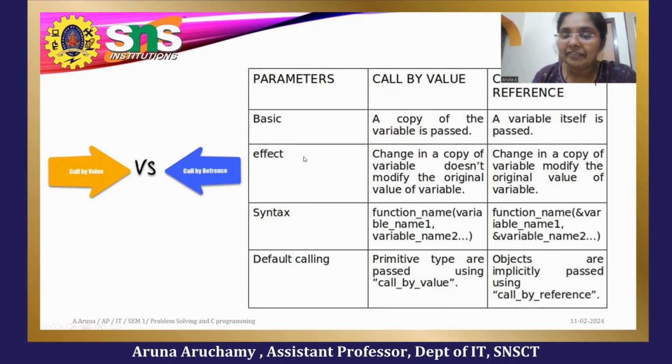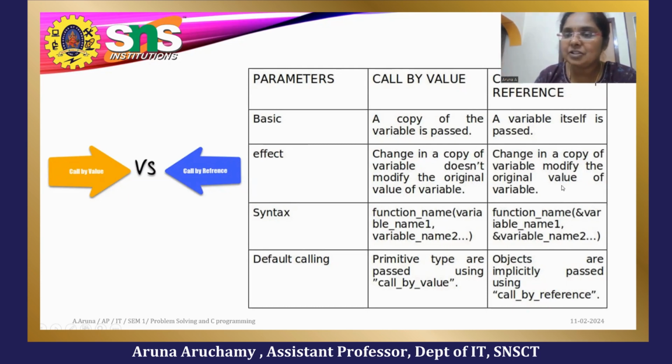Effect means: is there any modification by using these two things? If you are using call by value, it doesn't change, because only a copy of the variable is passed to the other function, so it never changes the value. But here the changes do happen, because we are passing the variable itself.